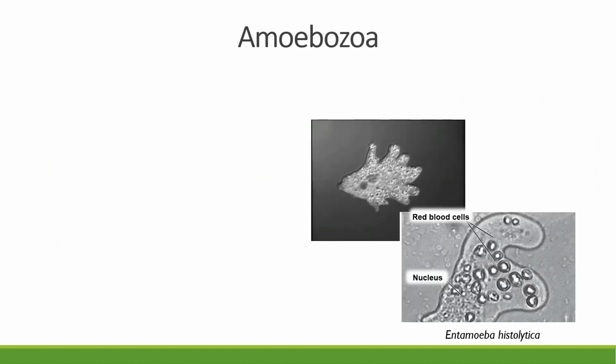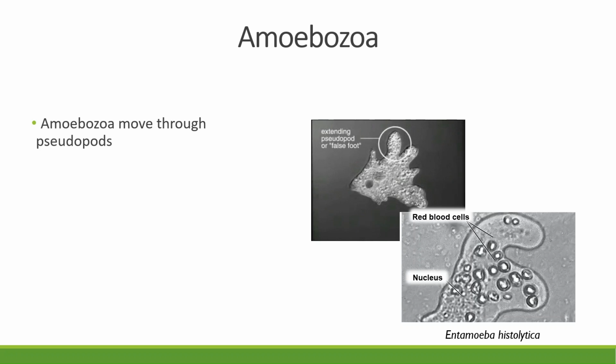Here are the amoebozoa. Amoebozoa are actually really cool in that they move using this pseudopod structure. And you can see it in this GIF here, the pseudopod. Pseudo means false, and pod means foot. So it creates what scientists call a false foot.